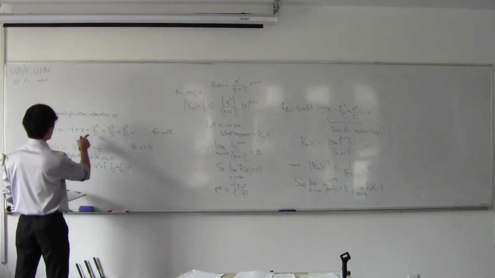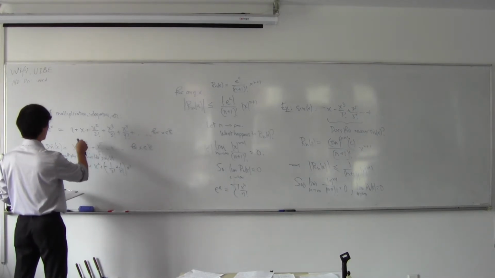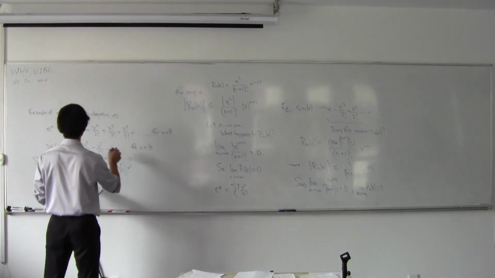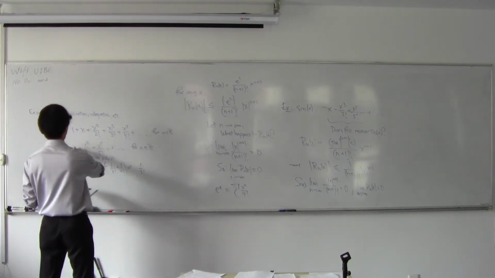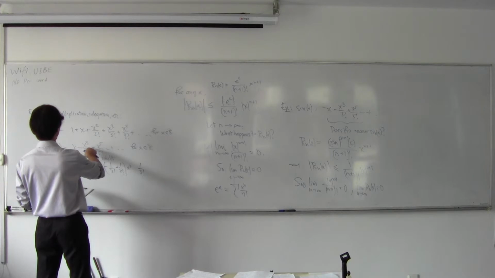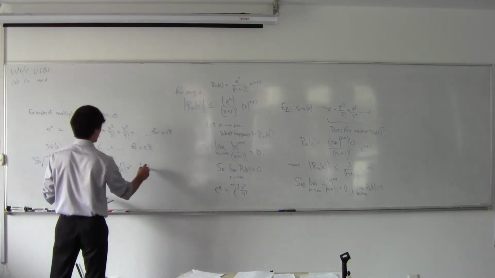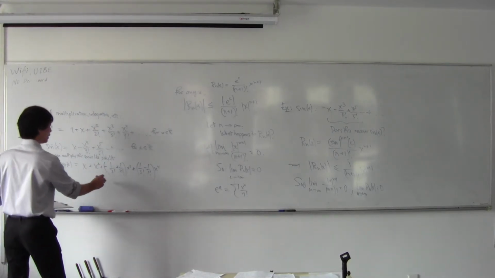How many x fourths do we have? We have 1 over 3 factorial x to the 4th here. We have minus the same thing. So we have no x fourths. How many x to the 5th, etc., etc.